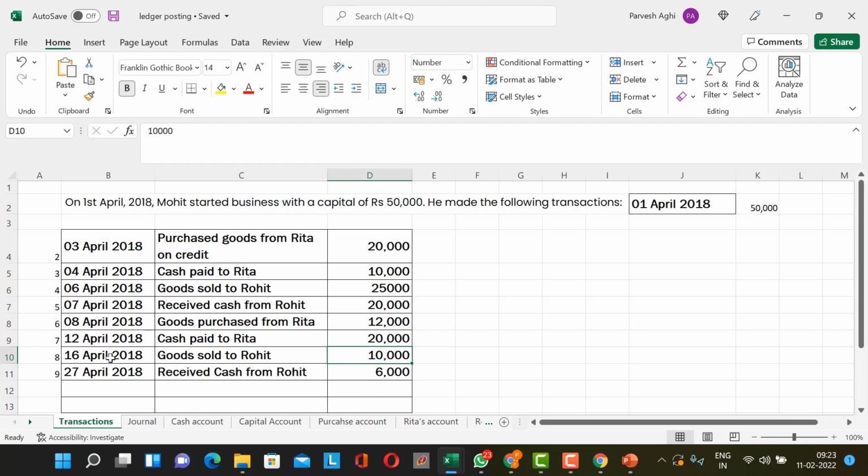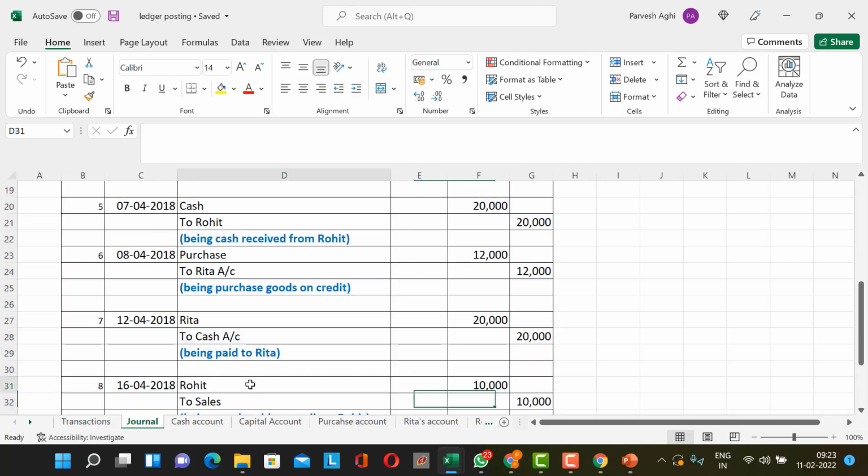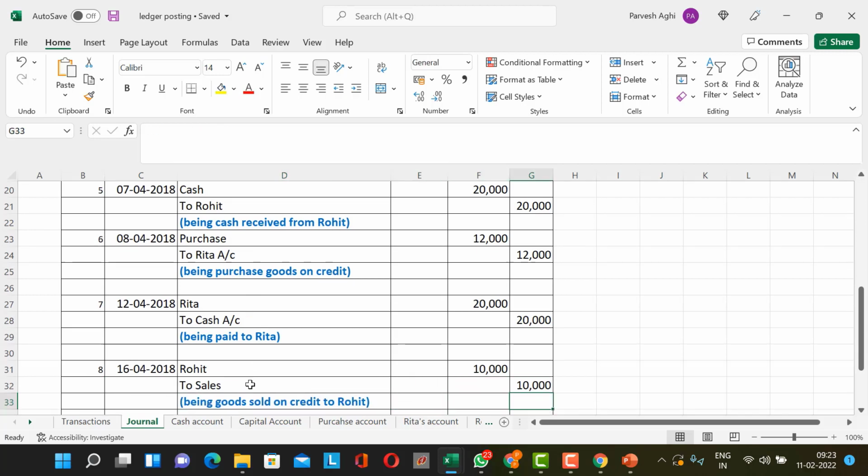Goods are being sold, so it's a sale. Rohit is one account. Rohit to sales. Fine, absolutely correct. Rohit account will be debited, because Rohit is receiving goods, so debit the receiver and credit the giver. Then the sales account, which is a nominal account, so we are crediting our income by 10,000.